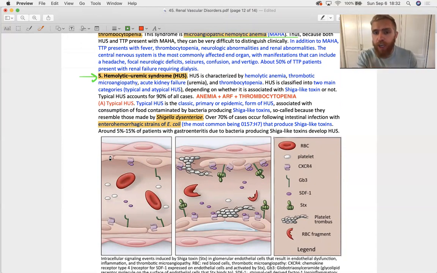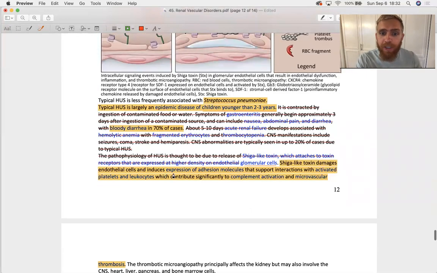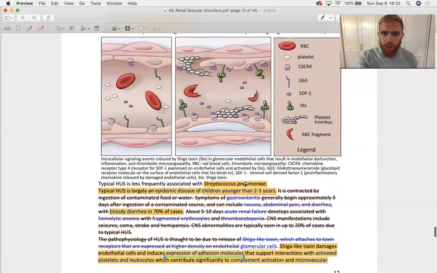And this Shigella-like toxin is going to bind to endothelial cells of the glomerulus. And it's going to get immune cells to intravasate into the glomerulus and pop off and blow up and cause inflammation, leading to clotting because of the endothelial damage.